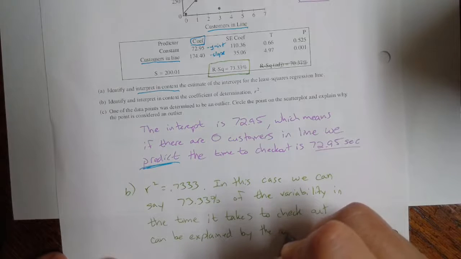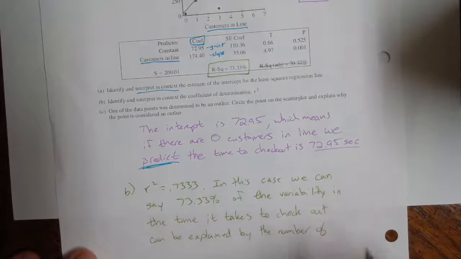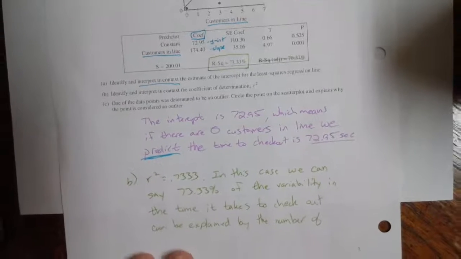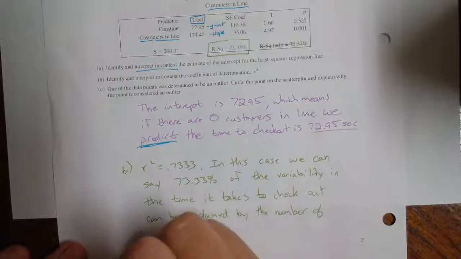So there are other factors that might adjust how long it takes for a person to check out, but 73.33% of how much the time varies is based off of the number of people in line. So a large portion of what we're going to use to predict how long it takes to check out is based on the number of people in line.